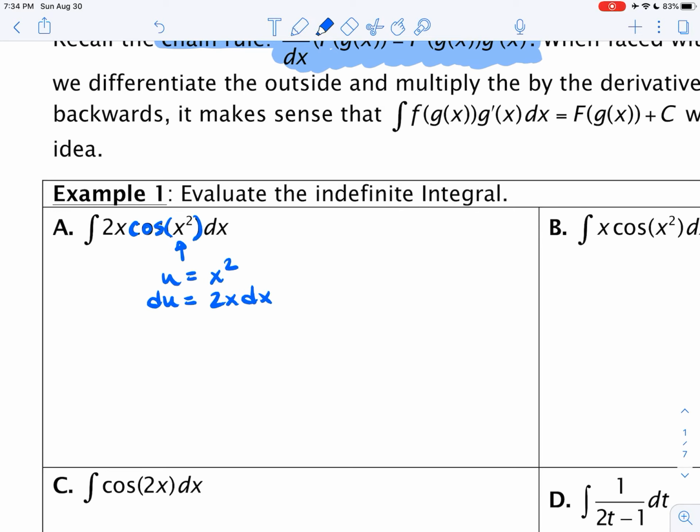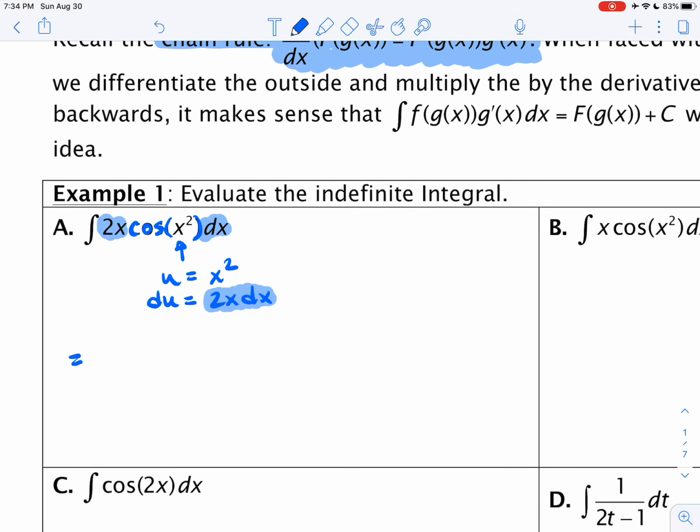And I recognize that my entire du is on the outside of my composition. So I am very happy about that, and I know that if I just make my u substitution, that is going to transform my integral into something that I can integrate directly using the basic table of integrals.